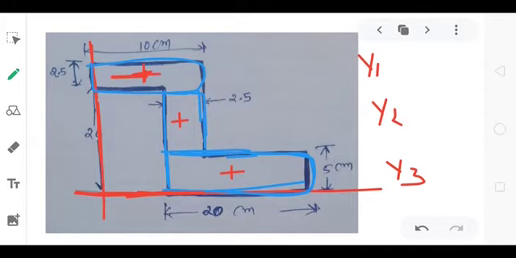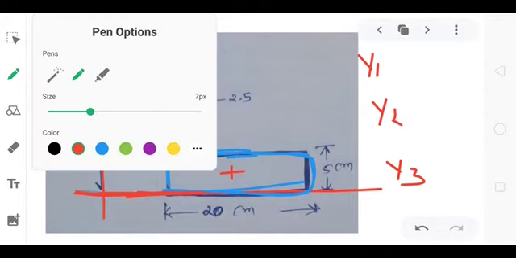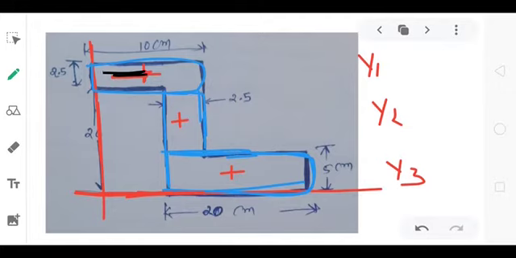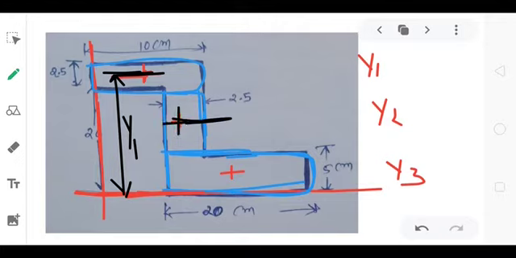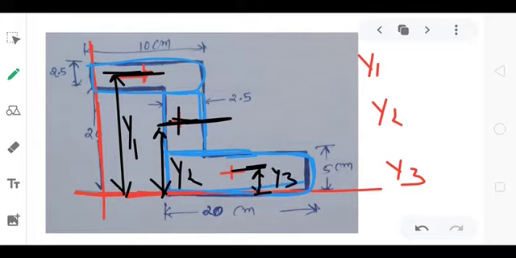So this distance is y1, this distance will be y2, and this much distance will be y3. So what will be y1?